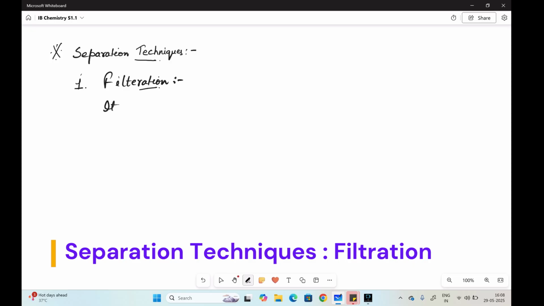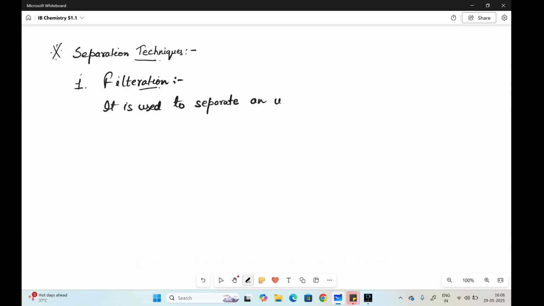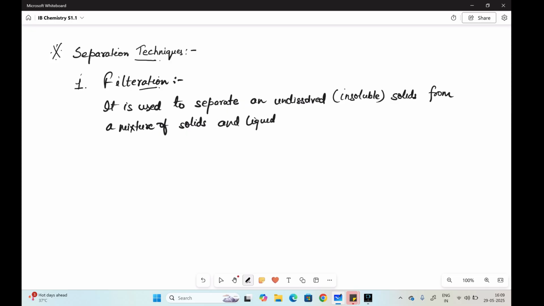So we can say that it is used to separate an undissolved, when we say undissolved, it means insoluble, solids from a mixture of solids and liquid, or you can say solution, using filter paper.